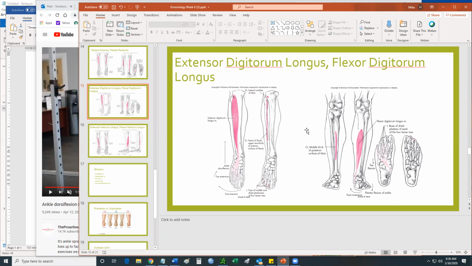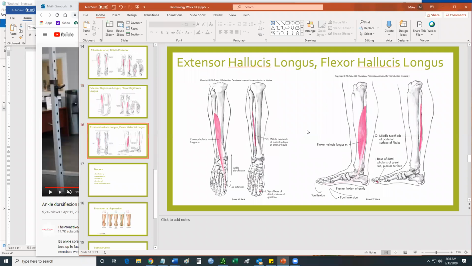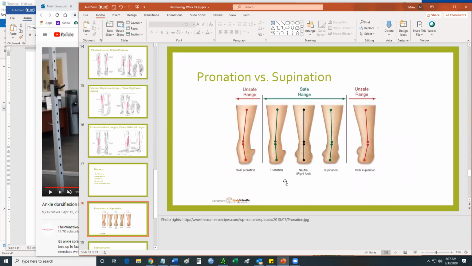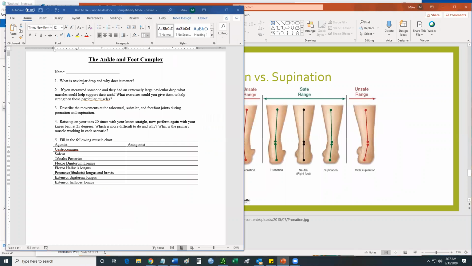On Wednesday, we're going to go over the actual movements and how we're going to measure them, like what you would need for your lab-based measurements. And then I'll also go over this whole pronation versus supination bit, because that's going to be important. That's going to help explain all this here.